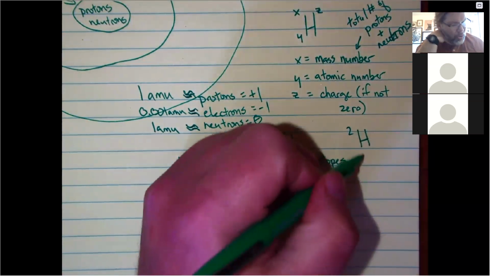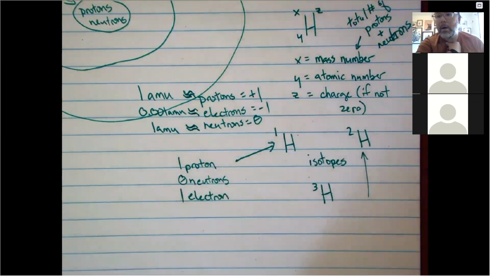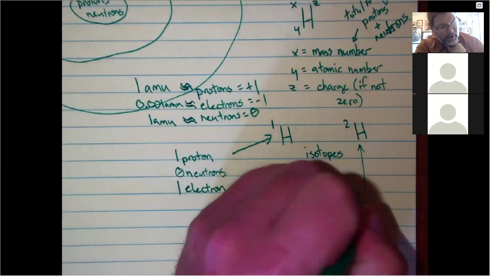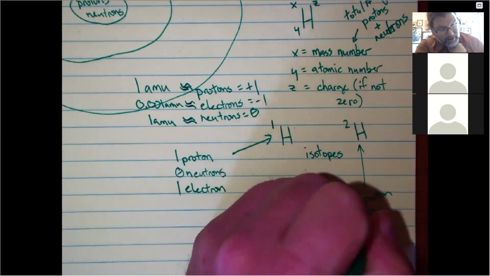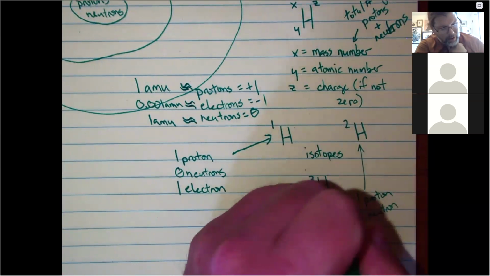For hydrogen 2, we have a little bit more mass left over after we take out that proton, right? So hydrogen 2 would have 1 proton, 1 neutron, and 1 electron.